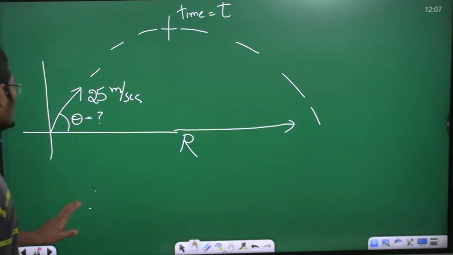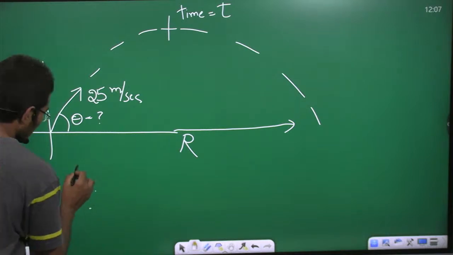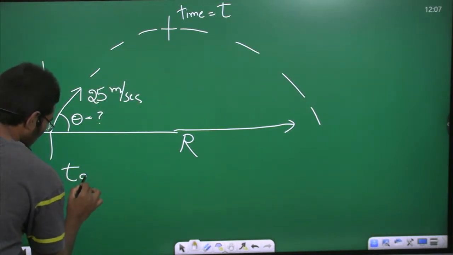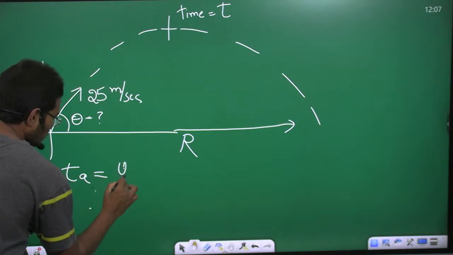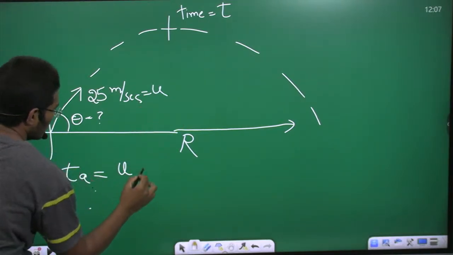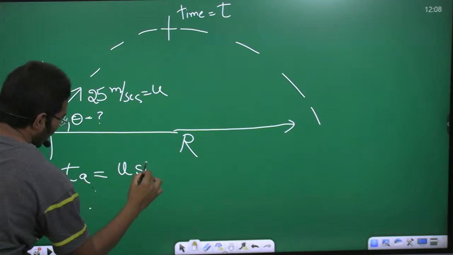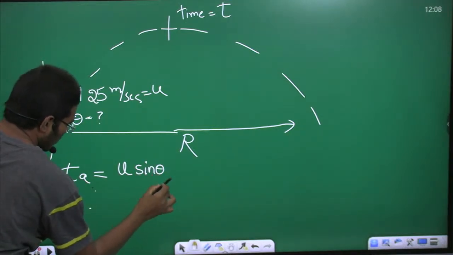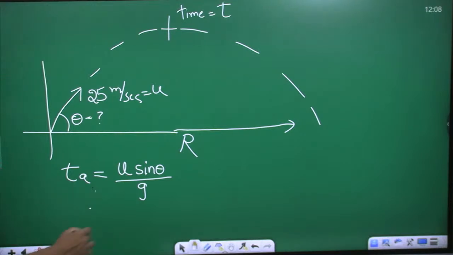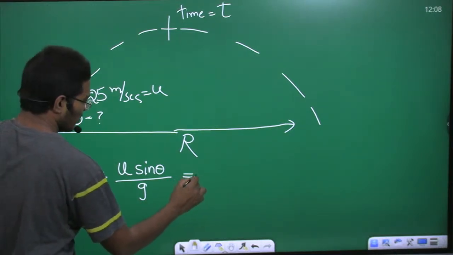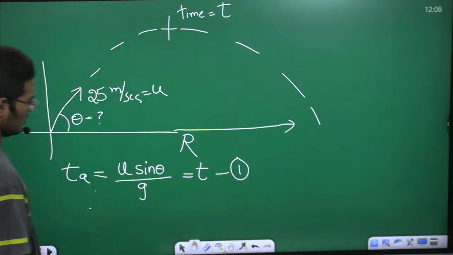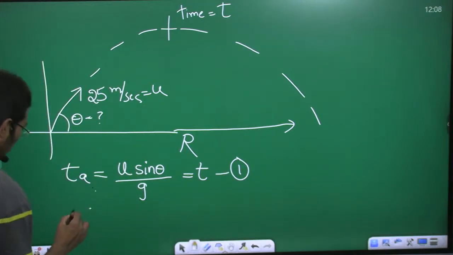So what formulas do we have? For time of ascent, Ta is equal to u sine theta by g, where u is the initial velocity. Time of ascent is given as t, so that is the first equation. What is the formula of range?